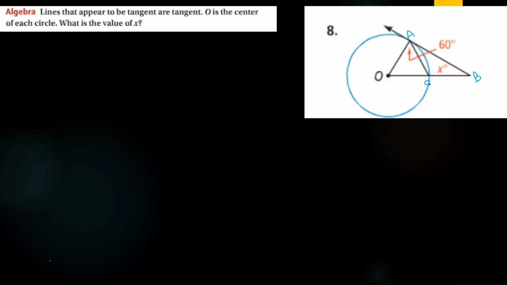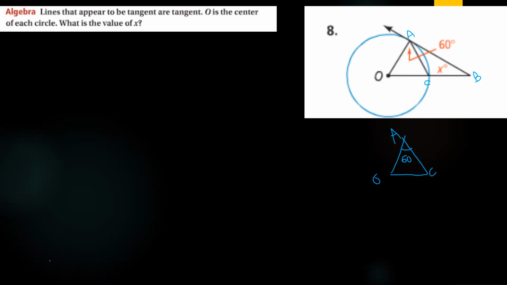Now look at triangle OAC. In this triangle here, OAC, they told me that this angle here is 60.